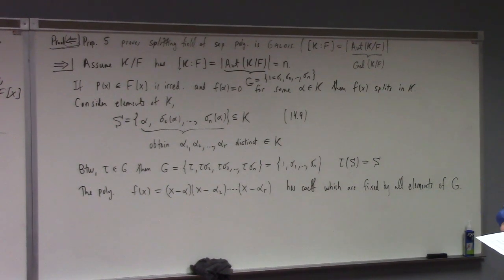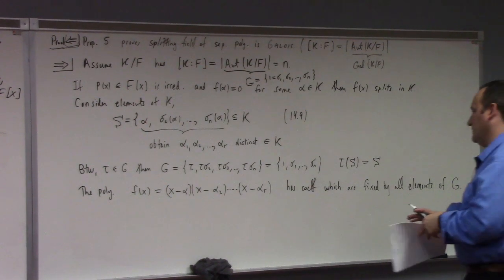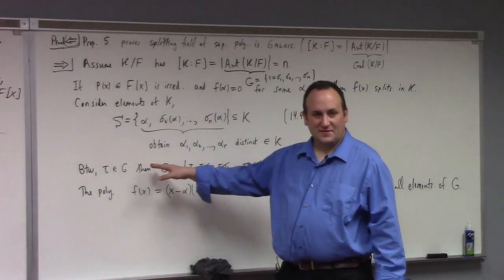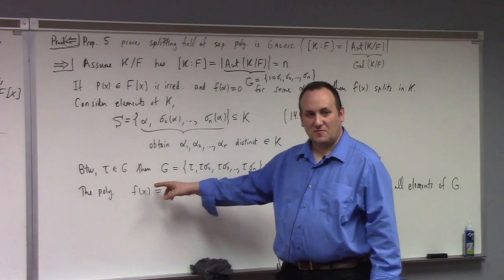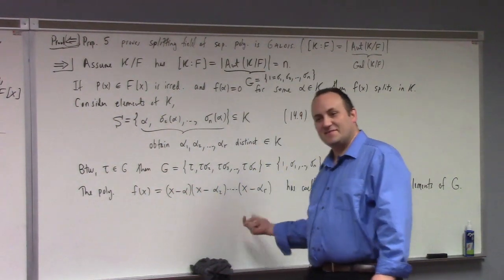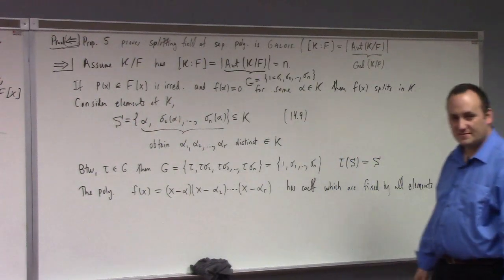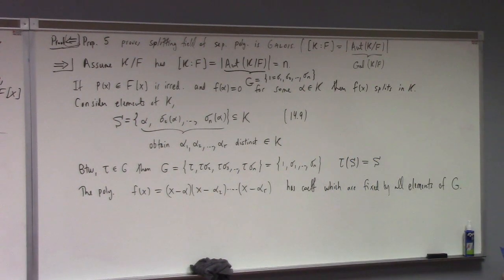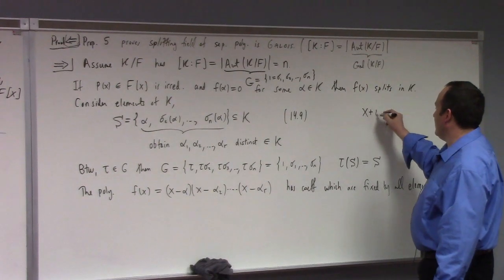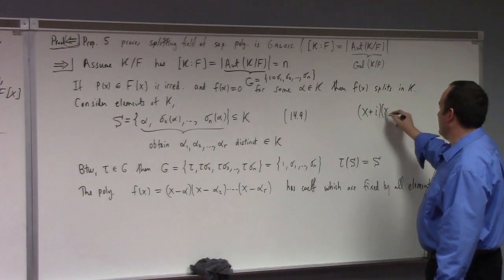I think about it this way. If I hit this with a permutation in the Galois group, what it does is it kind of just permutes the factors. Essentially, what happens. Stupid example would be like this. You got x plus i times x minus i.